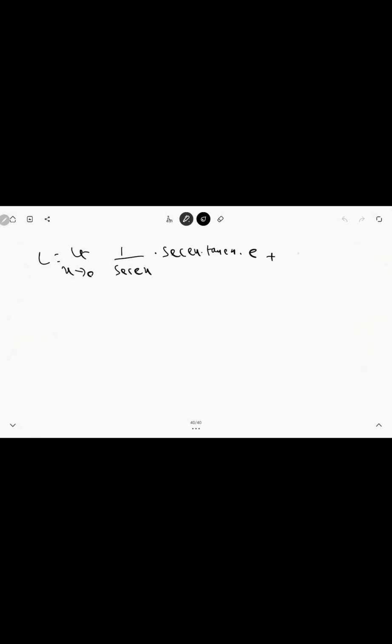So L is equal to, tell me, limit x tends to 0, 1 by secant e^x into secant e^x tan e^x, because of chain rule, into e^x plus, again tell me, derivative of this one, 1 by secant e square x into secant e square x into tan e square x by chain rule into e square, plus so on.